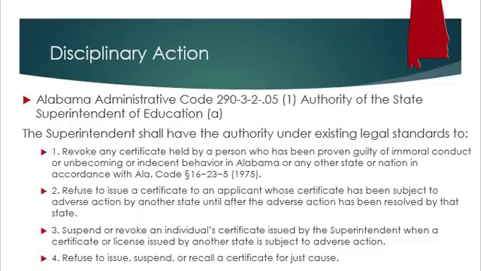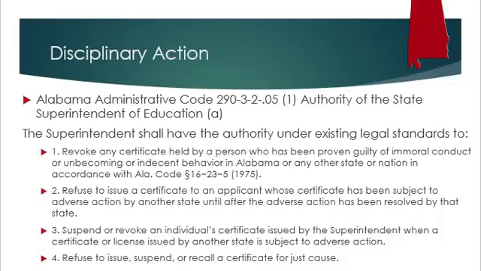Now the superintendent shall have the authority under existing legal standards, and this is the state superintendent, to revoke any certificate held by a person who has been proven guilty of immoral conduct or unbecoming or indecent behavior in Alabama or any other state or nation in accordance with Alabama Code 16-23-5.